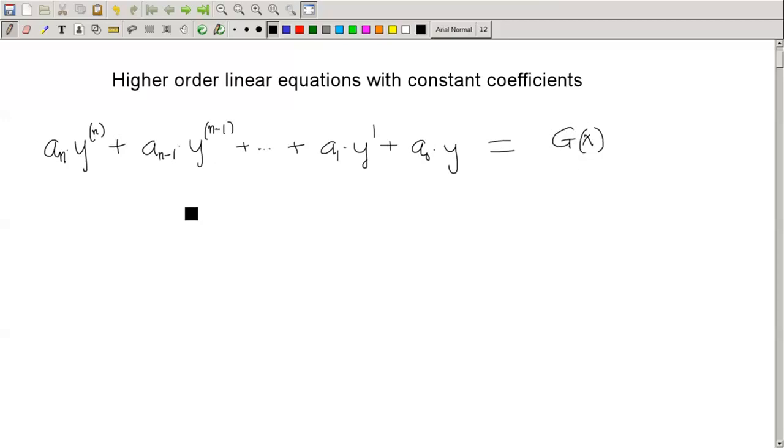So we are looking at a non-homogeneous equation. Here, the coefficients a sub n, a sub n minus 1, etc., a1, a0 are constant.